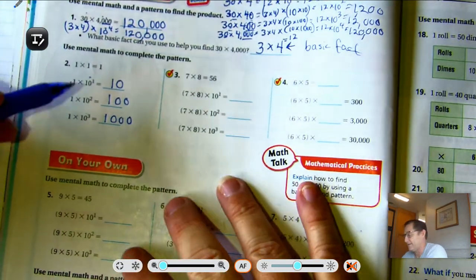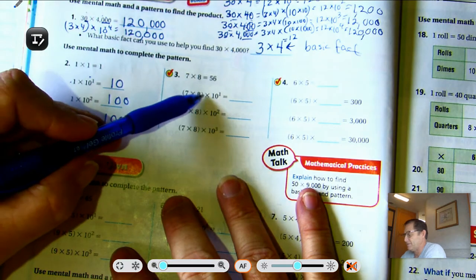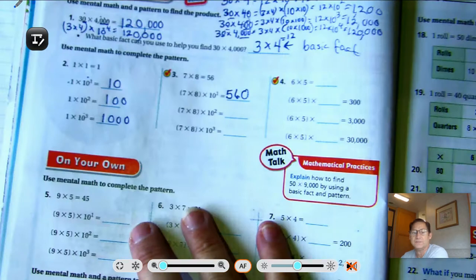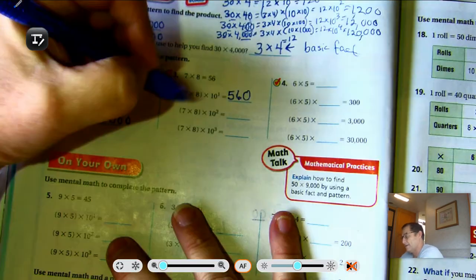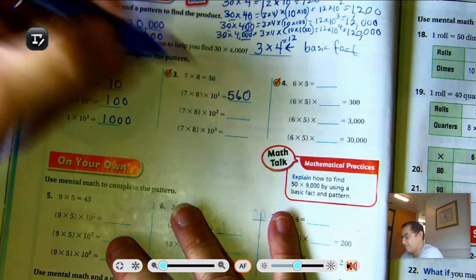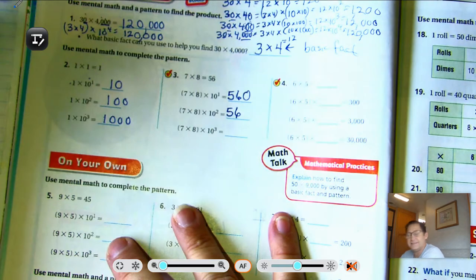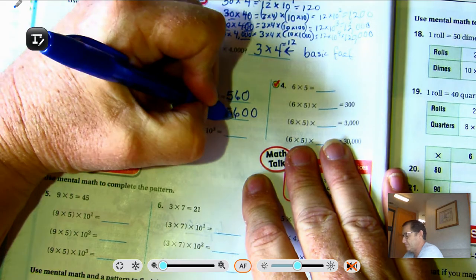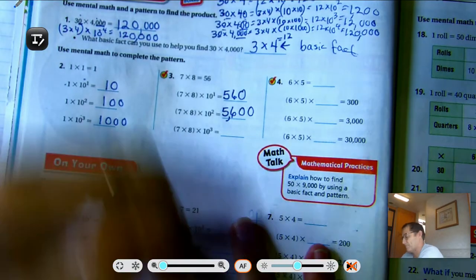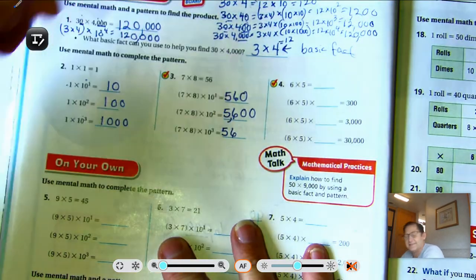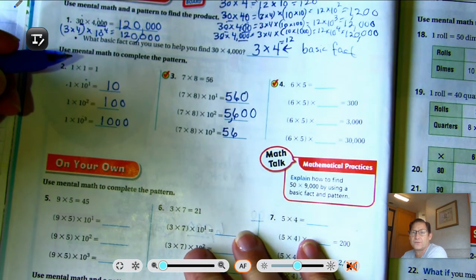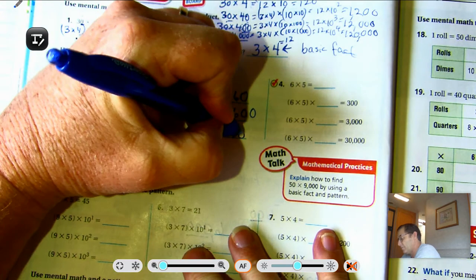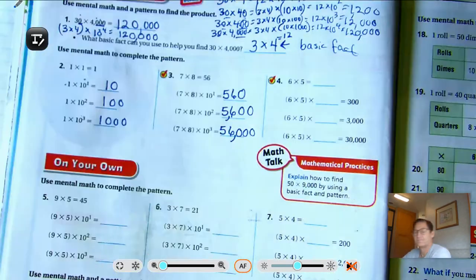That's a basic math fact. So 7 times 8 times the first power of 10 would be 56 followed by 1 zero. 7 times 8 times the second power of 10, 56, and it would be followed by 2 zeros. 56 times 10 to the third power is 56 followed by 3 zeros.